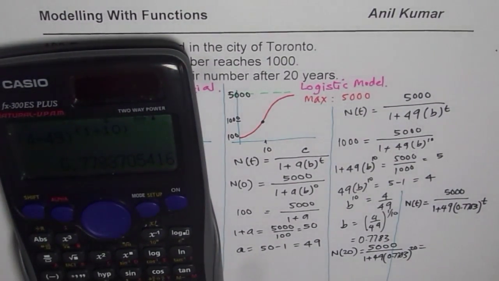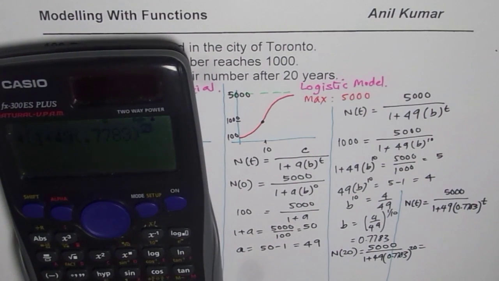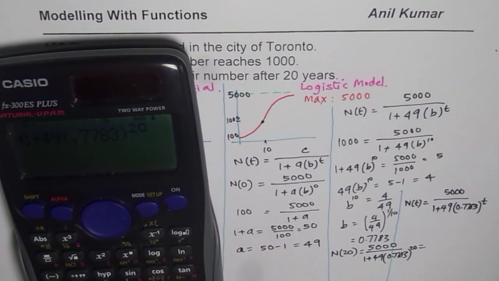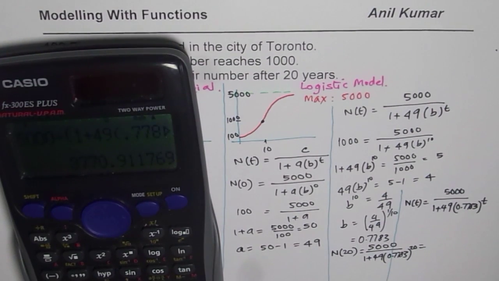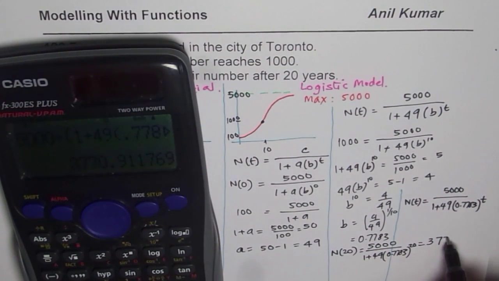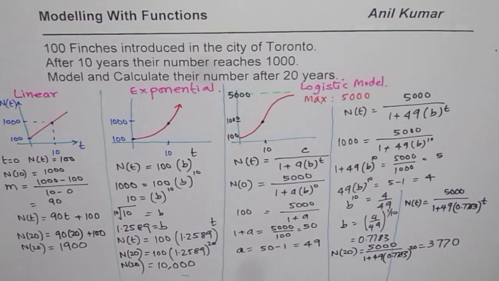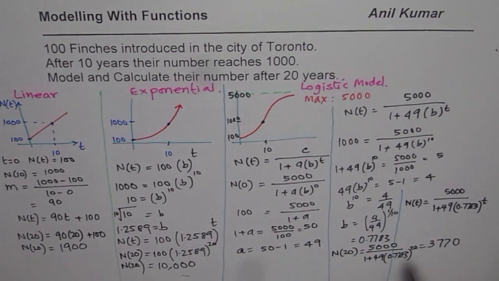We'll begin with 5,000 divided by within brackets 1 plus 49 within brackets 0.7783 within brackets, power is 20. Then we close the brackets for the denominator, equals. So we get a number which is 3,770. So after 20 years the number of finches will be 3,770 with this model. Do you understand?